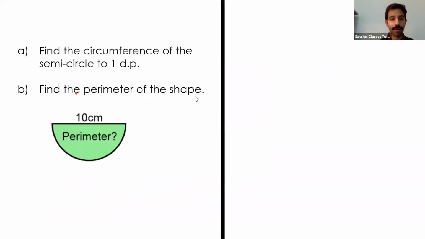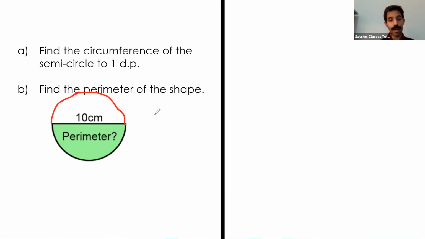All right, now we have a semicircle here. So here it says find the circumference of the semicircle. Again, the process will be the same, but this time we just have half of a circle. So if I was to draw the full circle, it will look something like this. Again, this is not drawn to scale, so apologies for the uneven lines.